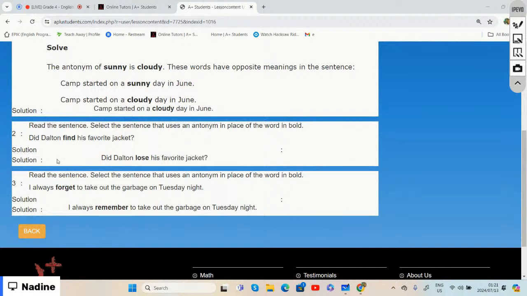Replace that word find with the opposite word. The opposite of find.